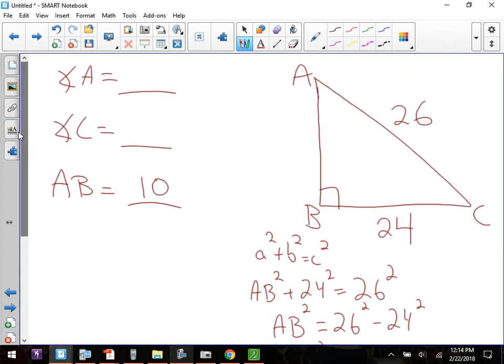Now, going back, having to find two different angles, that means I'm going to have two different setups. Which one do you want to find first, A or C? Or does it even matter? Doesn't matter. Well, I might as well start with A. If I start with A, what's the 24 to the relation of A? Opposite. Very good.